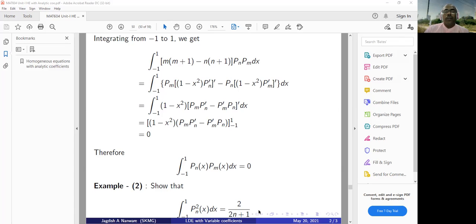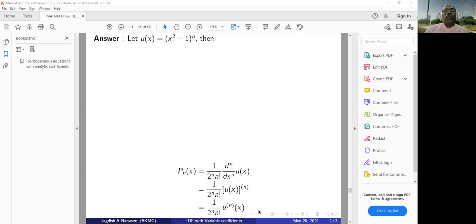Now let us see how to prove this result. So we start with the function u of x, which is equal to x square minus 1 to the power n. So this is some power function that we are going to assume as u.